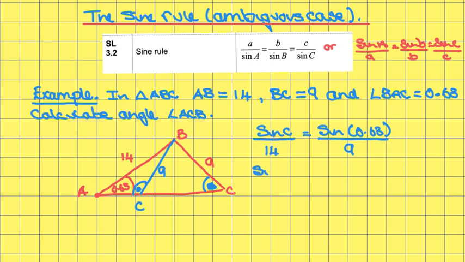So sine C is equal to 14 times sine 0.63 over 9. So angle C is equal to sine to the minus 1 of 14 times sine 0.63 over 9.